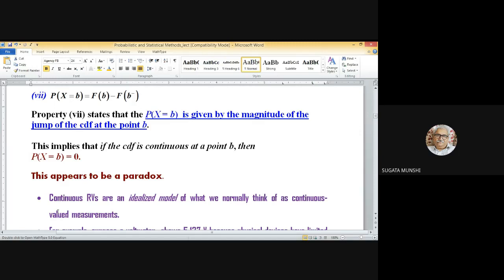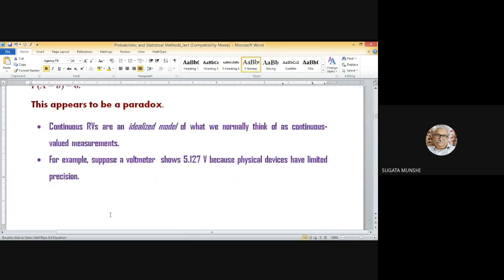Say, take the case of a measurement by a voltmeter. Let me just interpret it first, then I'll allow you to write. Suppose a voltmeter shows 5.127 volts, because this voltmeter can read up to the third place of decimal, and because physical devices have limited precision. So the voltmeter shows 5.127 volts.